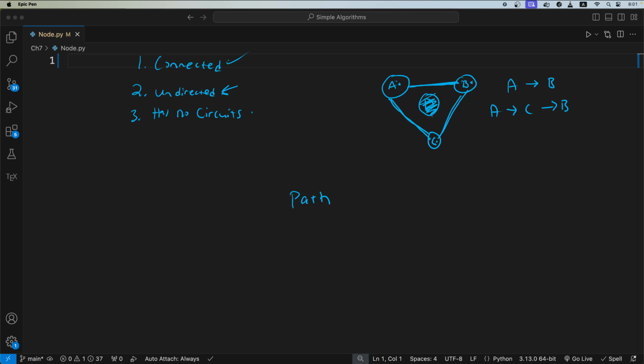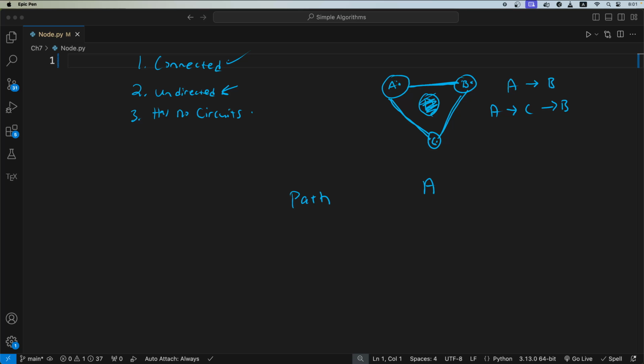So that's the idea of the nodes being connected. So we got that. What about the idea of having no circuits? A circuit is a path that starts at one node in our graph, goes to a different node, and then ends up back where it started without traversing the same edges. So for example, there's a clear circuit inside of this graph that I've drawn here.